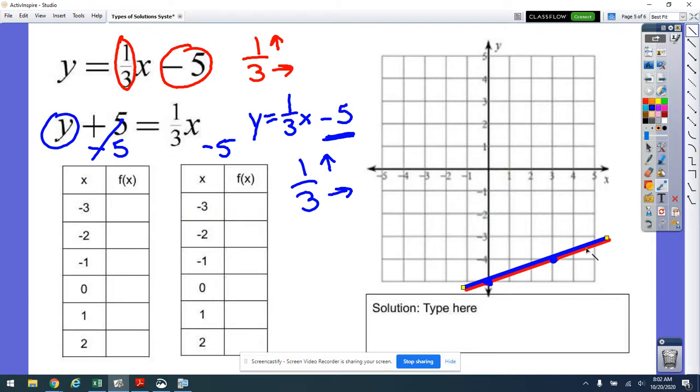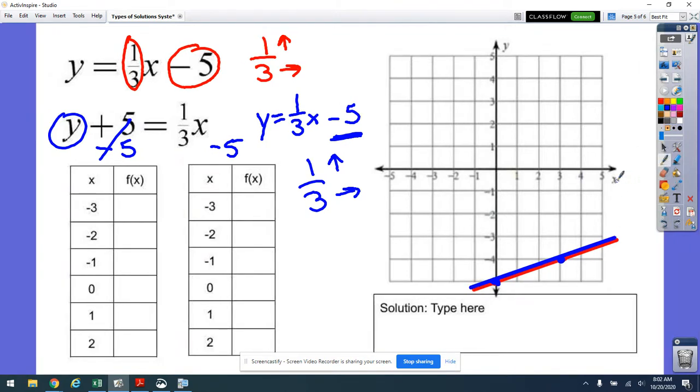So what can we say about these lines? Yeah, they're going to be the same. So what's going to happen is this is basically that example of infinite solutions. So my equations, if you take a look at the equations from up here, y equals 1 over 3x minus 5, y equals 1 over 3x minus 5. So these two are the same. So this is how you get those infinite solutions here.